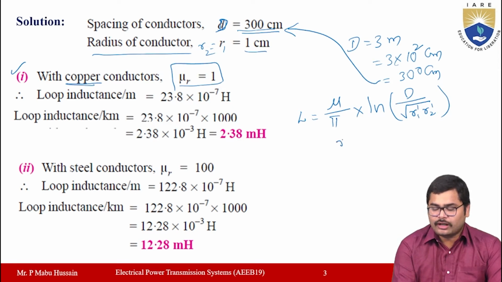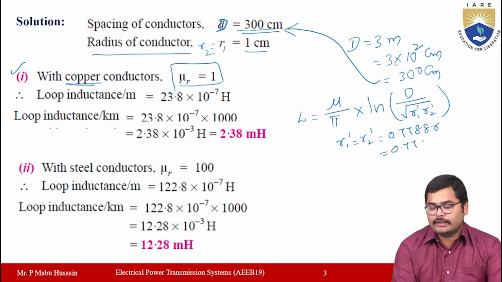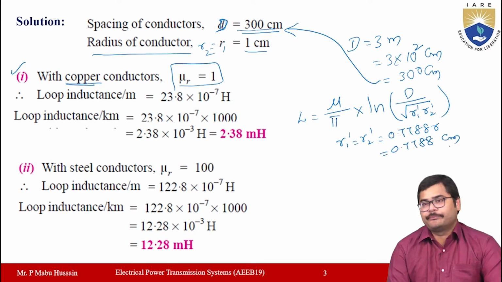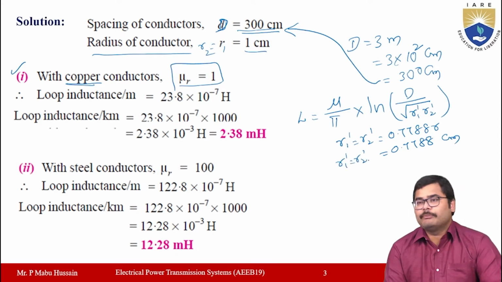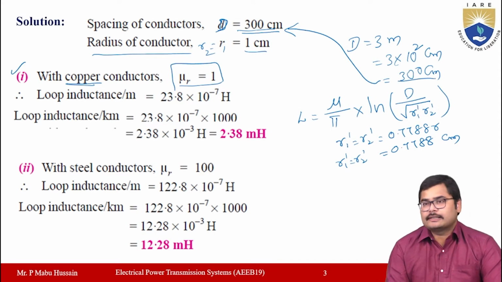As you know, r1 dash and r2 dash both are equal to 0.7788 times r, and r value is equal to 1 centimeter. So this value will be 0.7788 centimeters. So both r1 dash and r2 dash will be 0.7788 and d is 300 centimeters.